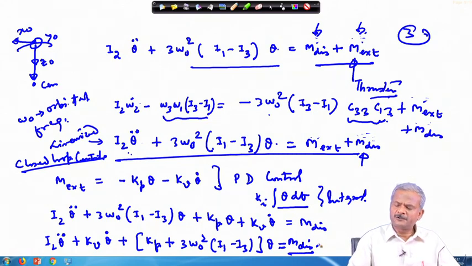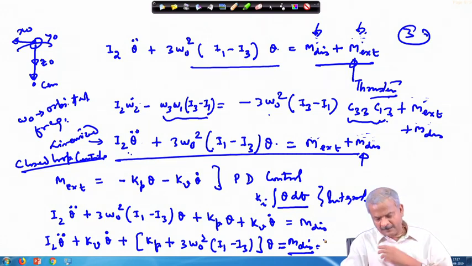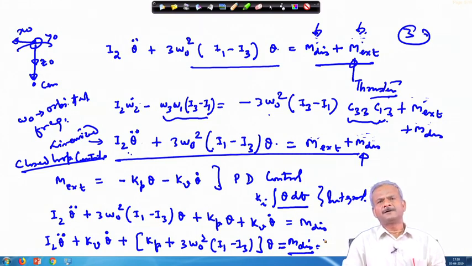So, over a short period of time you can ignore it, but if you are looking for the stability analysis of the system, at that time we take it into account, and we do it quite often, because whether under the action of disturbance your system is stable or not stable becomes important. Such disturbances input energy into the system, and some of them may have potential for destabilizing the system.